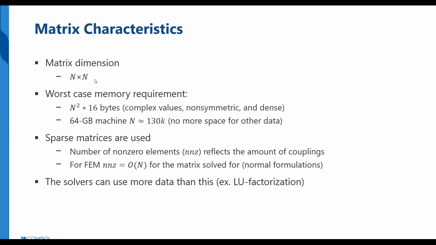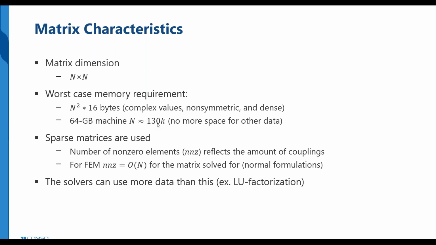And the worst case scenario is that we have to store all these entries in the matrix, and they are complex valued, which means that each entry is 16 bytes. So on a 64 gigabyte machine, just to store the matrix, we can only solve a problem of size 130,000 degrees of freedom.